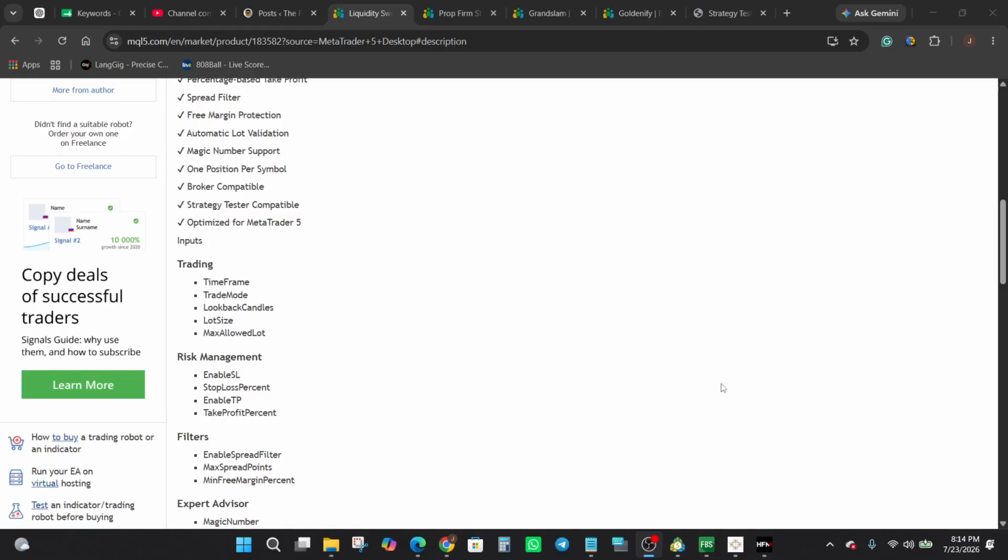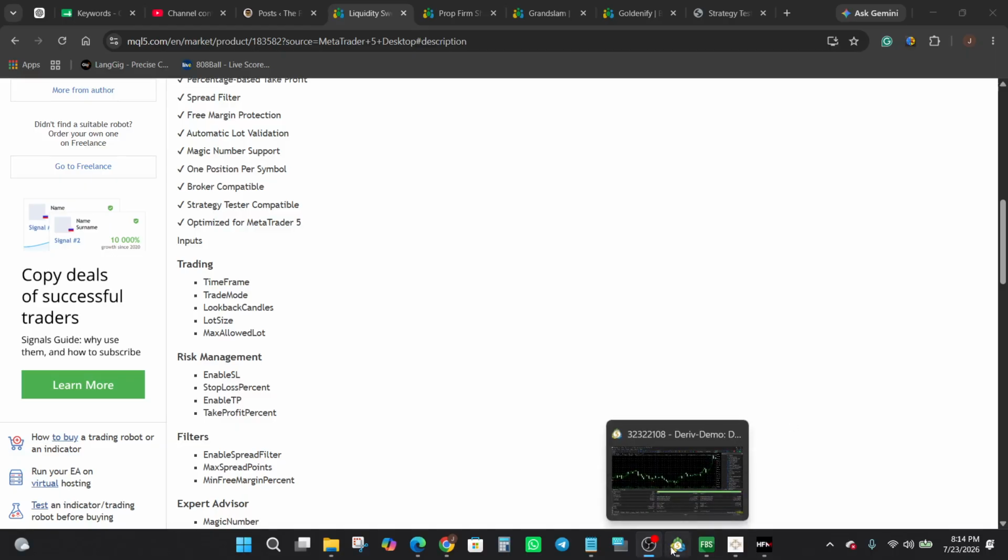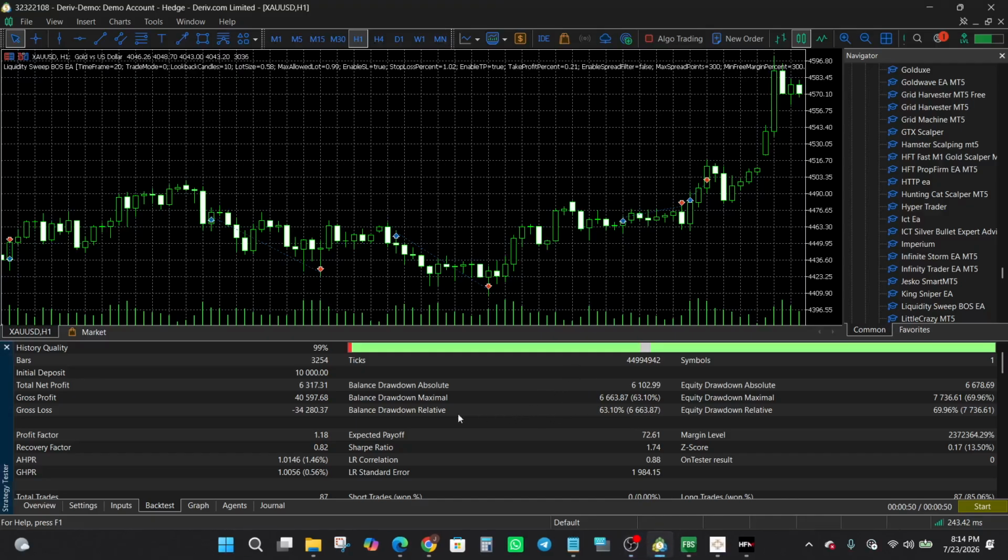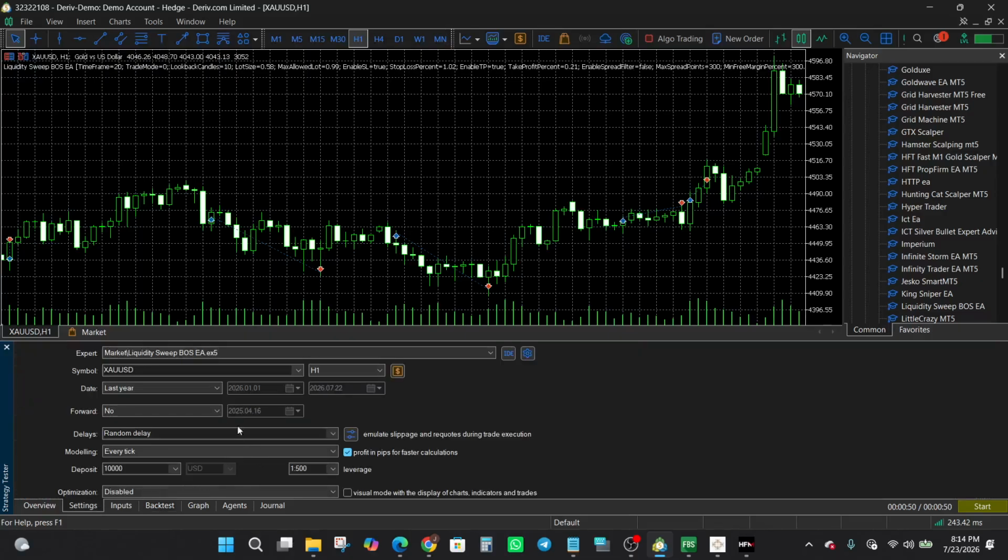tester report. Okay, let us transition to our historical backtesting to see how this price action logic actually behaves over market history. So for this evaluation, we ran a historical test on XAUUSD, which is gold, on the 1 hour time frame spanning from January 1st, 2026 through July 22nd, 2026.